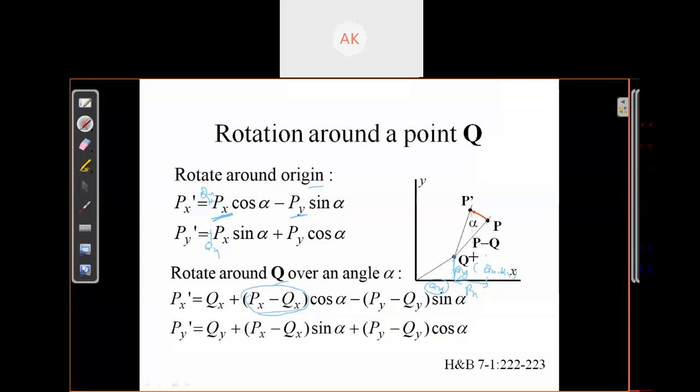In the same way, this is your py and this is your qy, and when you subtract py minus qy you get this. So you are just substituting these values into your equation. When your rotational point is the origin you get the earlier equation, and when your rotational point is some point q you get this one.